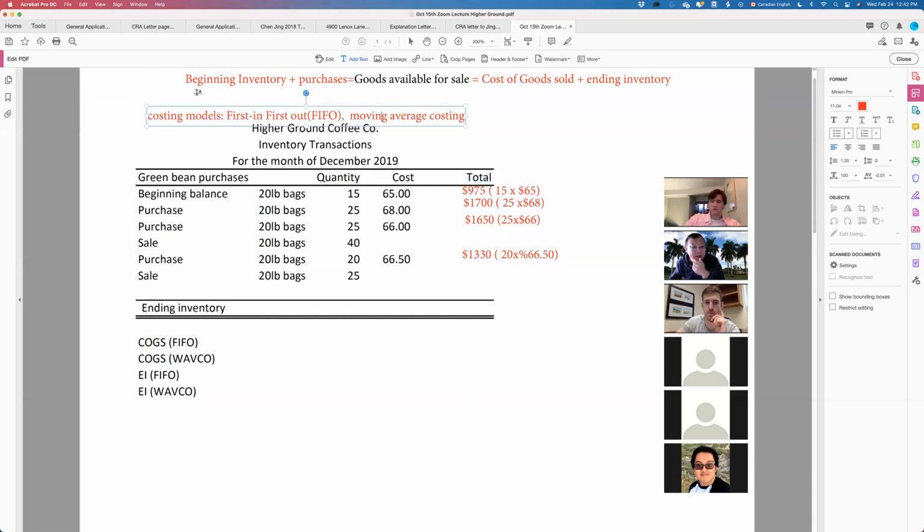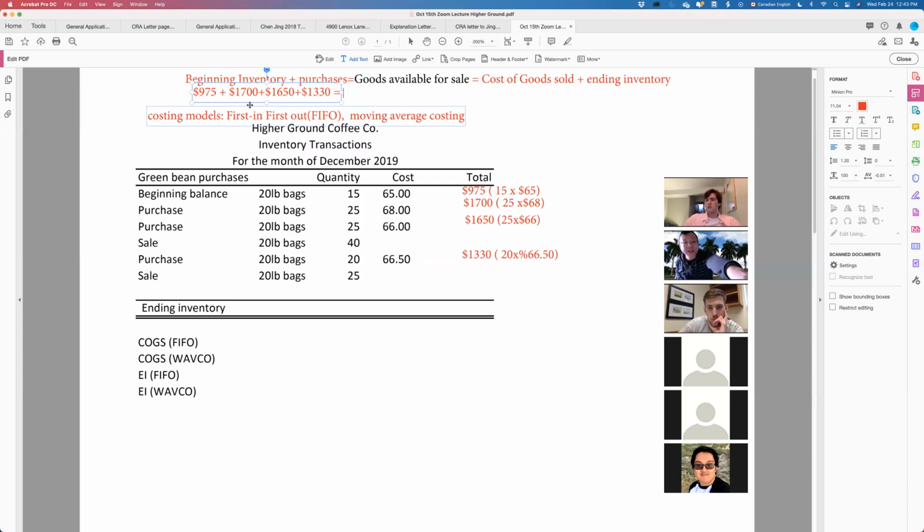My beginning balance is 975, and I'm going to add my purchases. I have three purchases, so I'm going to add all of them. Total purchases would be 1,700 plus 1,650 plus 1,330.